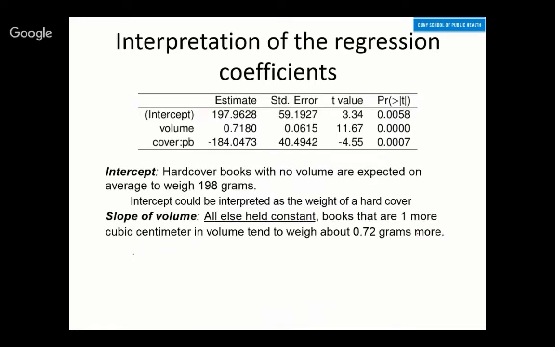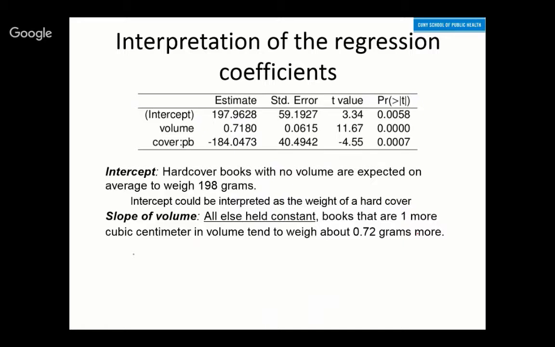We've been over all of this stuff, but just to make sure it hits home, the intercept corresponds to the reference category, hardcover books, and it's the weight of a hardcover book with 0 volume that's expected on average to weigh 150 grams. So maybe it's the weight of the hardcover.